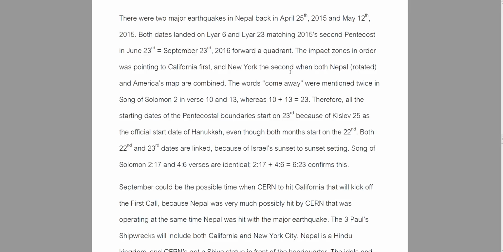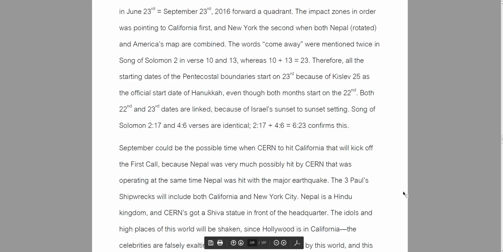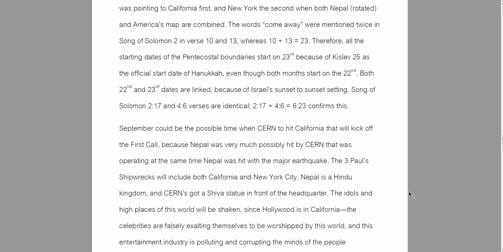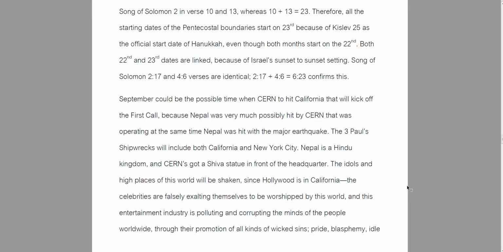So therefore, a lot of the starting dates of the Pentecostal boundaries are on the 23rd, as well as the 22nd, and it's also with the identical verses in Psalm chapter 2, verse 17, and chapter 4, verse 6. Adding both together would be 623. So that's saying that the second Pentecost was very important.